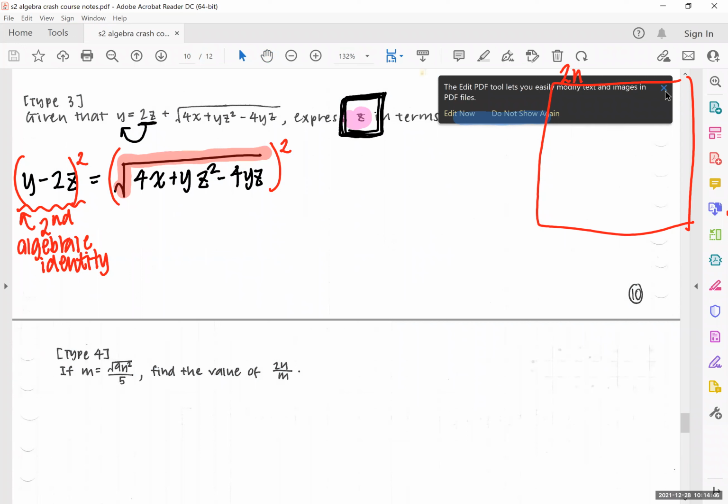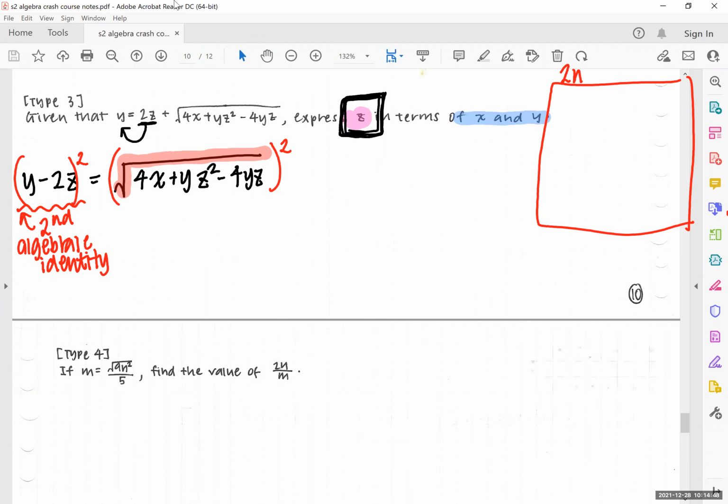Okay, so right now, what is the second? I want to write second here. Algebraic identity, I just write as AI. Okay, what's the formula? Tell me.